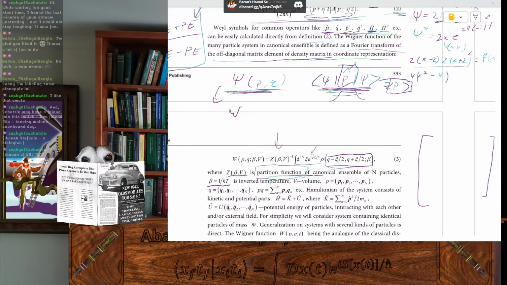Sorry, one second, I'm just reading this through real fast here. Yeah. All right, so if we have a single state.